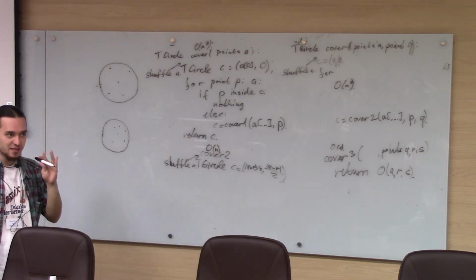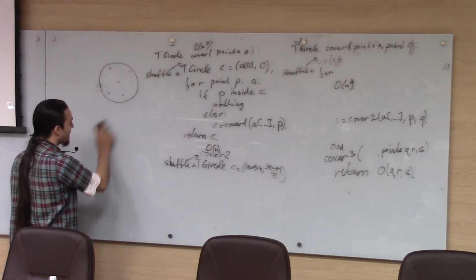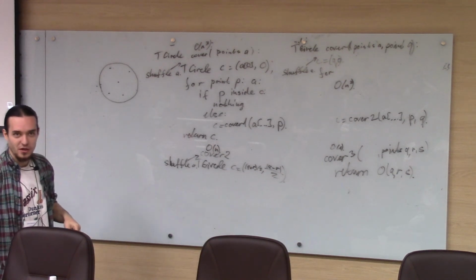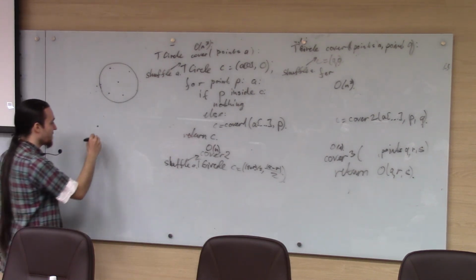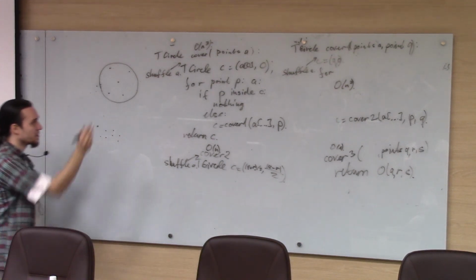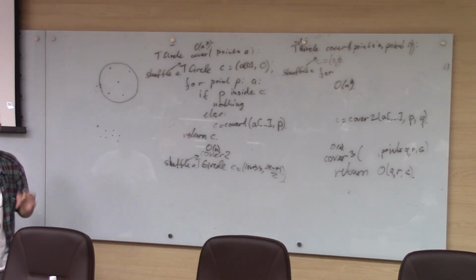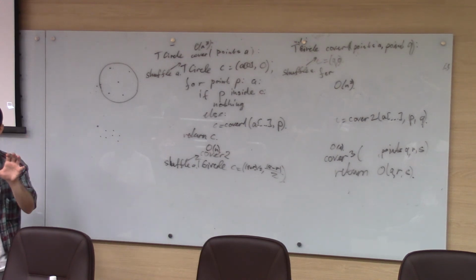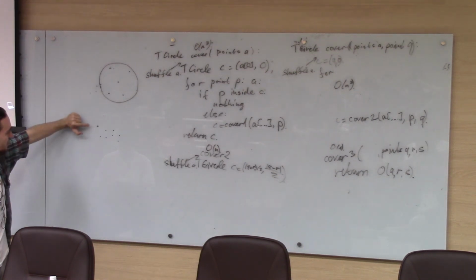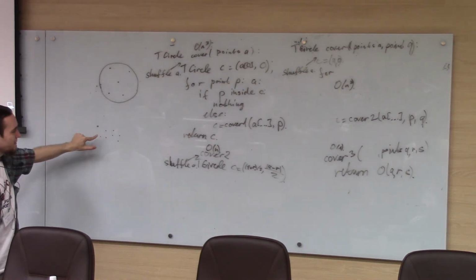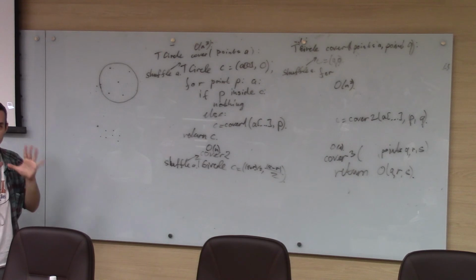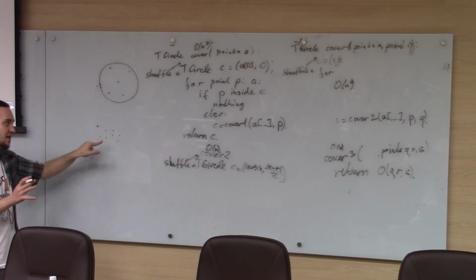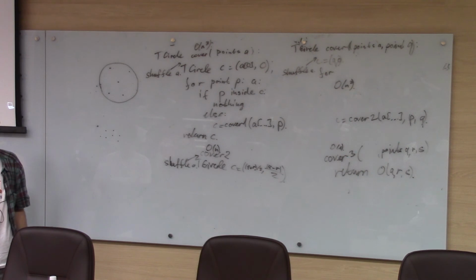Okay, so let's try and estimate the probability that we will call this next function on the kth iteration. So in our shuffled order, we don't know exactly which of the k points are going to be considered first. So let's assume that it's a certain set of k points that are going to be the first. We don't know about their order, but we know that they are the first points, and the order is kind of random as well, right?